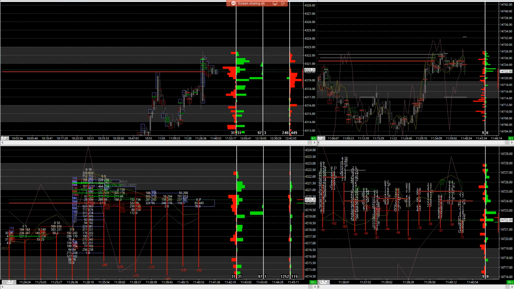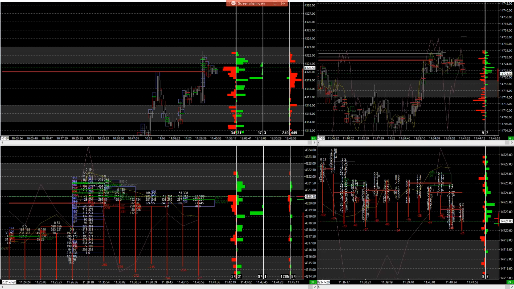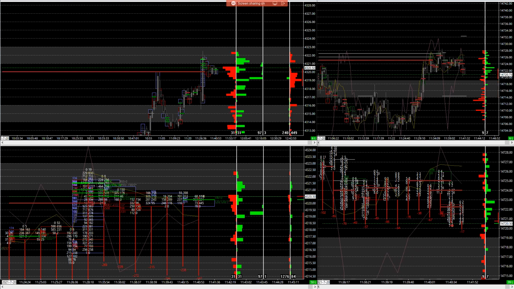I don't know where this came in. I want to say it probably came in over here when it called the top, but maybe it didn't. Maybe it came in here and didn't call the top because you had so many additional shorts coming in. So the first thing I look at when longs or shorts puke is how big was it, and then was it refilled by new longs or shorts in this line?